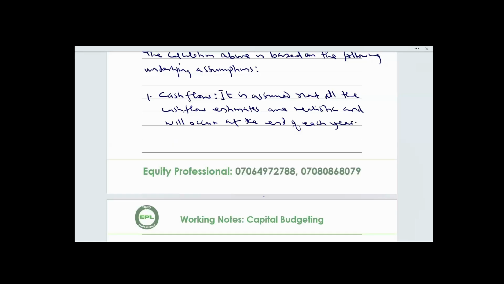If you want to go further, you can say that all cash flows have been inflated at the appropriate inflation rates.